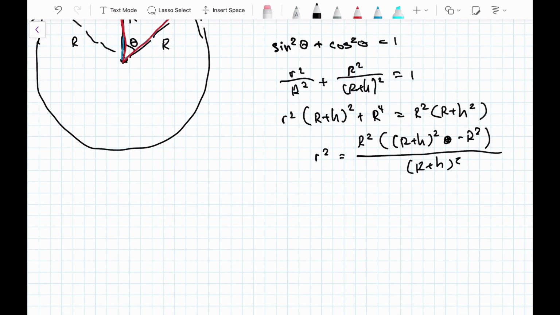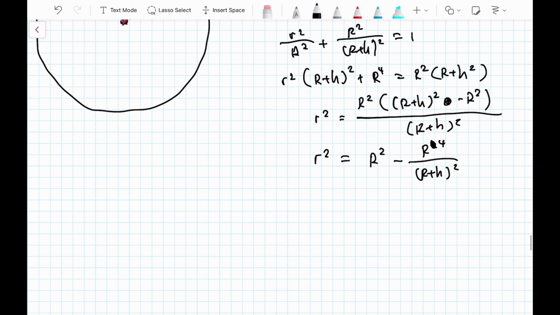I can break this down to: r squared is equal to R squared minus R to the power 4 over (R plus h) squared. And we still have a square root, so we can factor out an R, so we have r equal to R times the square root of 1 minus R squared over (R plus h) squared.